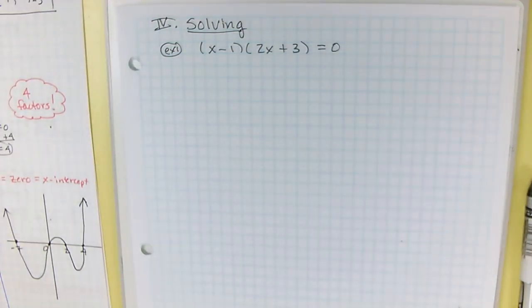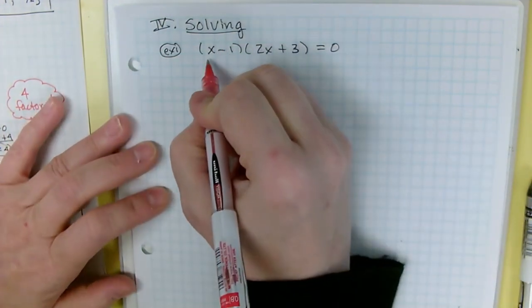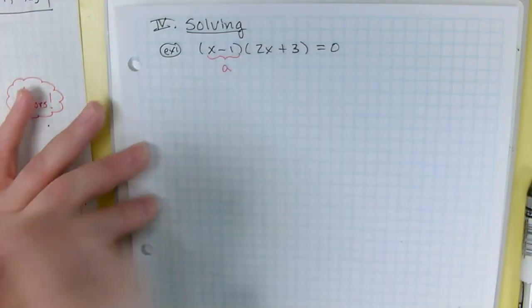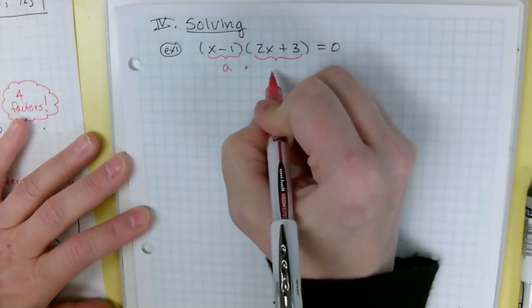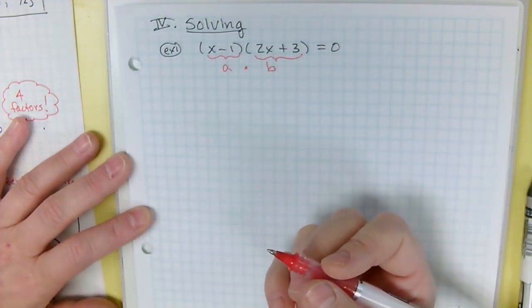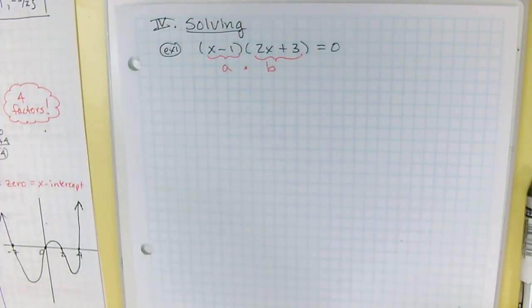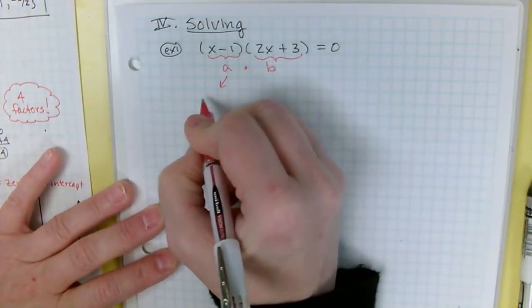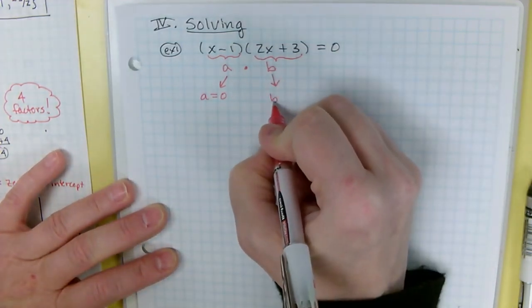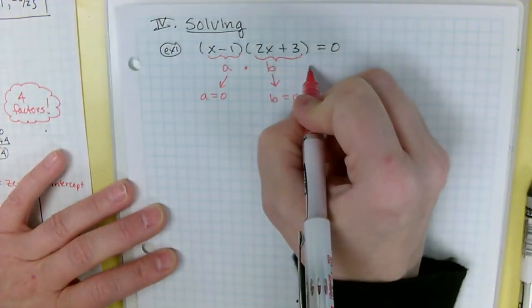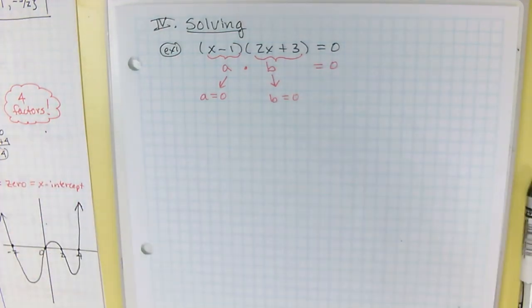Okay, so using zero product property, x minus 1 is like our a, and it's being multiplied by 2x plus 3, which is our b. And zero product property says if a times b equals 0, then a must be 0 and/or b equals 0. That is the only way that they could multiply to give you 0.